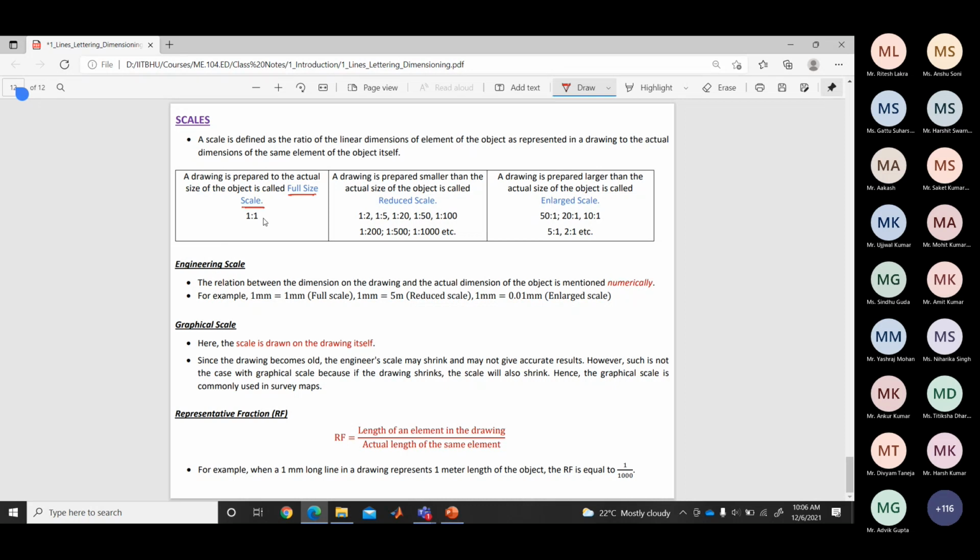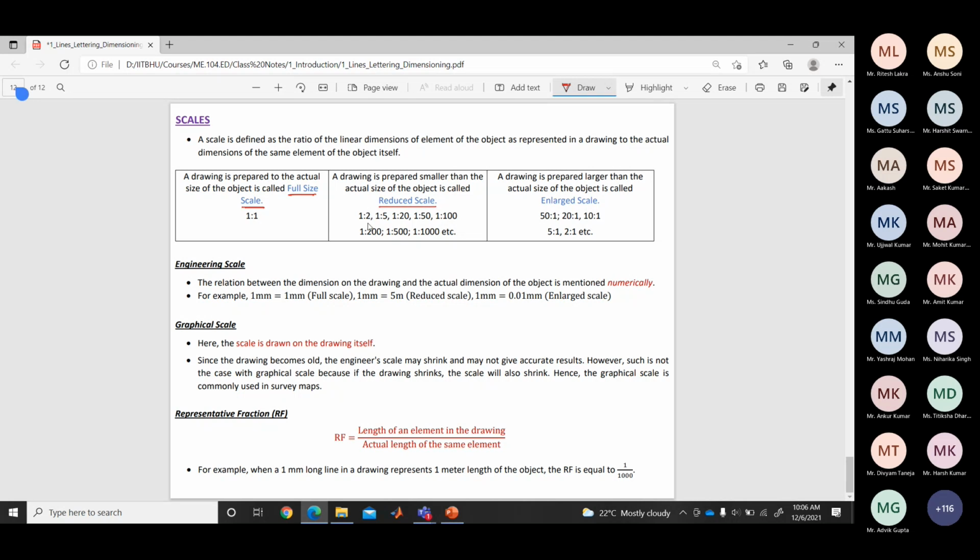For example, putting the bigger views of a building on a small piece of paper is possible through reduced scale, where we draw the object smaller than the actual object size. So we call this a reduced scale.